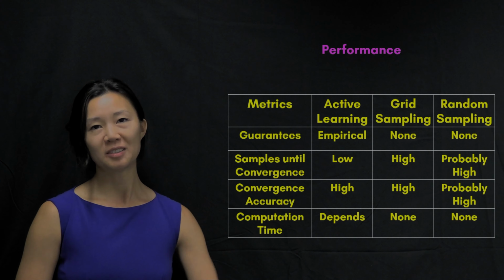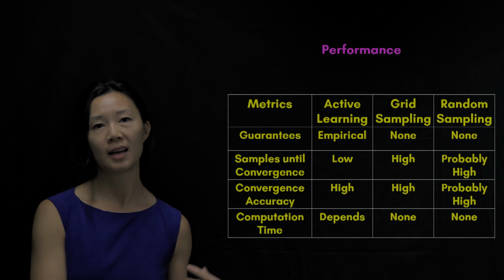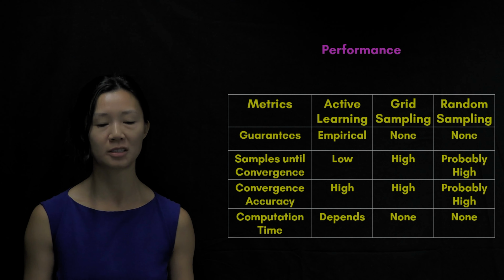So cool applications, but how do we compare the active learning performance compared to other sampling strategies?